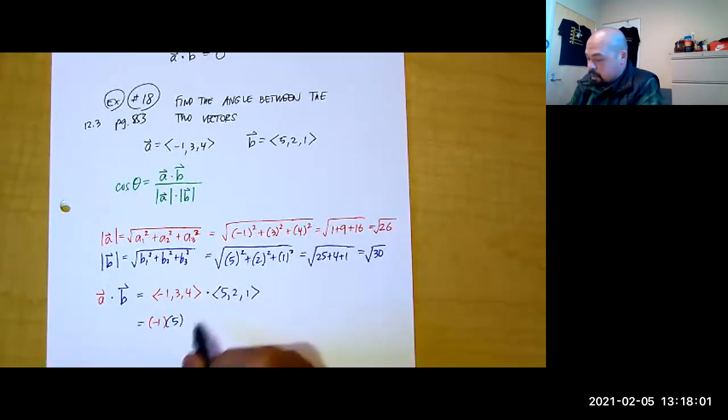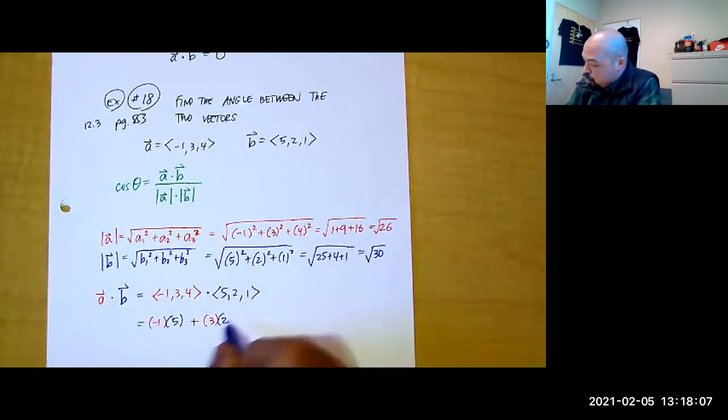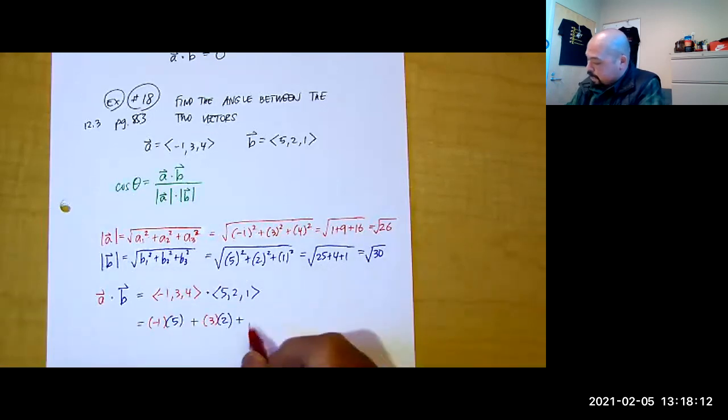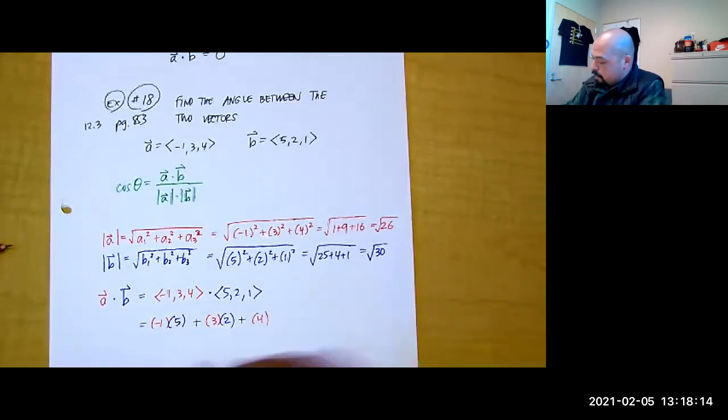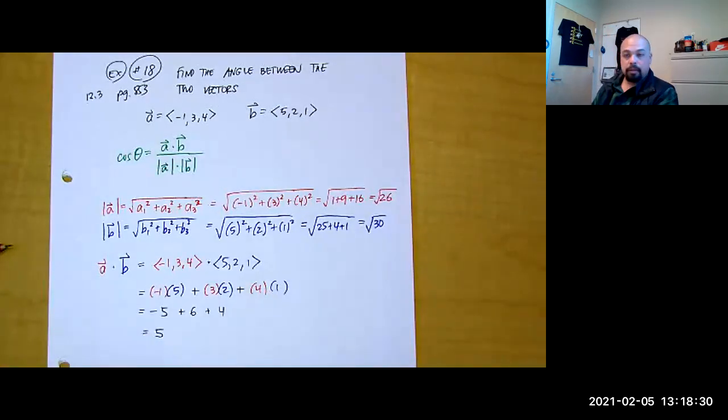Multiplying component-wise, -1 times 5, plus now the second component, 3 times 2, keeping track of those signs, the positive and negative. And lastly, 4 times 1. Computing there, -5 plus 6 plus 4. Okay. -5 plus 6 is 1, plus 4, +5 for that end result. So there's my dot product.